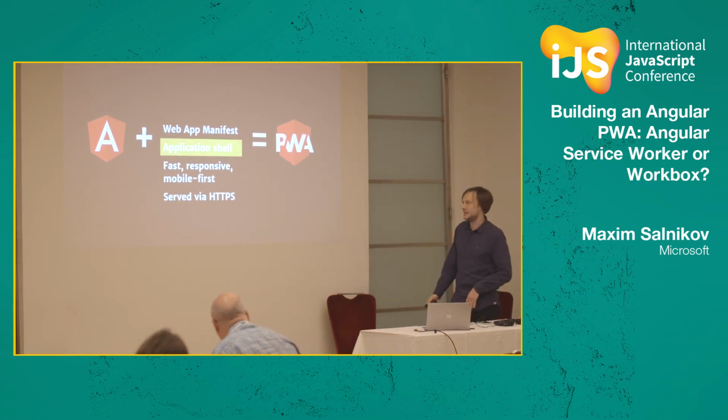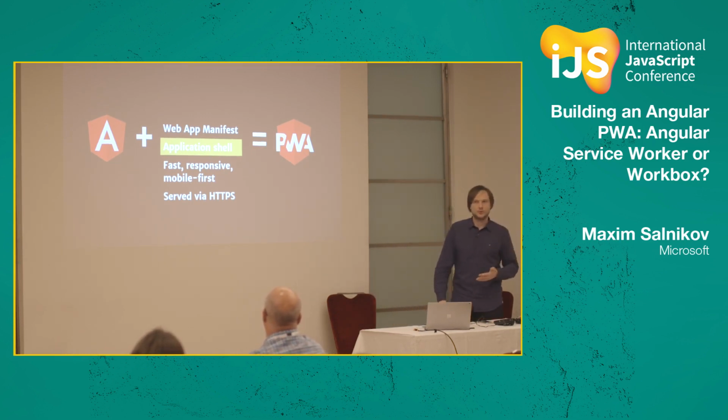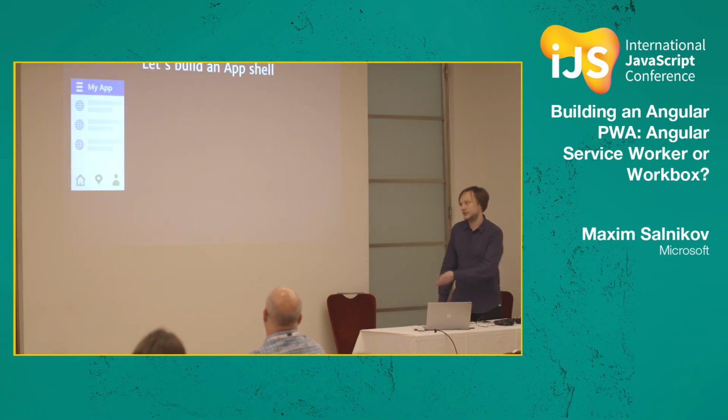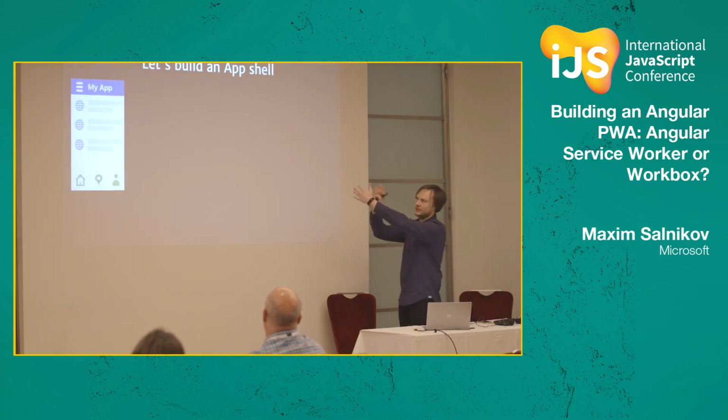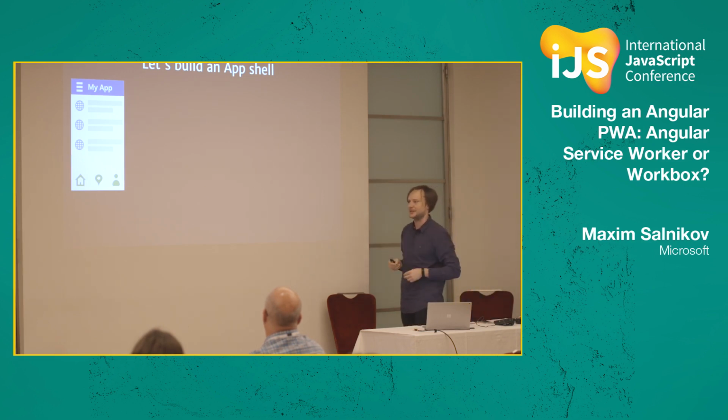So okay, let's understand what an application shell is. What will it take from us, from developers, if we try to create this manually? So let's just imagine this is our web application in a mobile form factor, just to save some space for us. So don't be confused, it's not only for the mobile use case. It works everywhere.